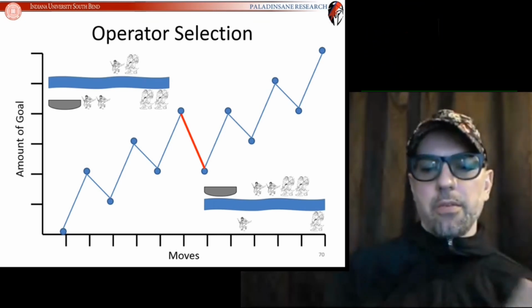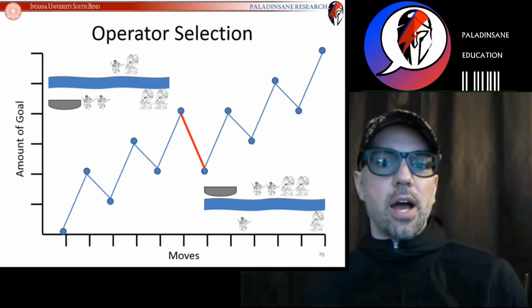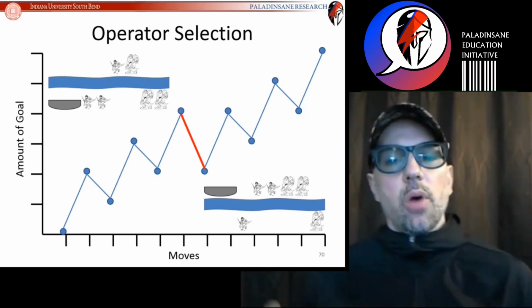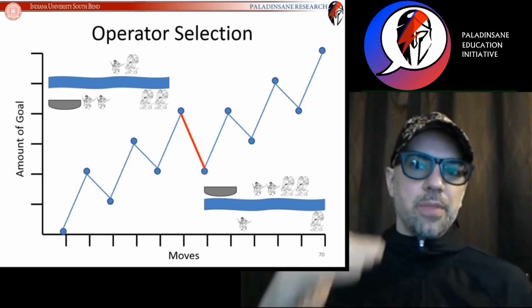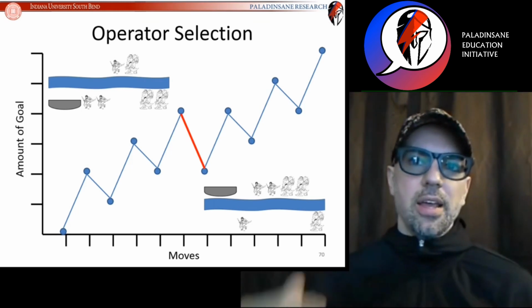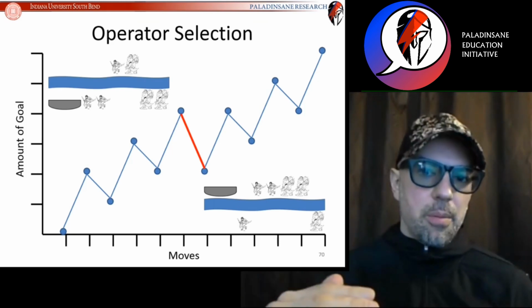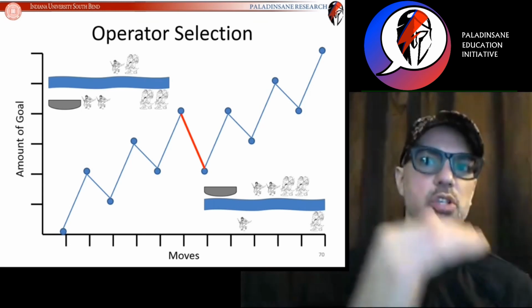They have backup avoidance. They're avoiding undoing what they just did. We just took 2 people across. We intuitively want to avoid sending 2 people back. You also want to solve the problem and get to the solution in as big a step as you can. And going up 2 and coming back down 1, going up 2 and coming back down 1, those are the biggest steps that you can take.